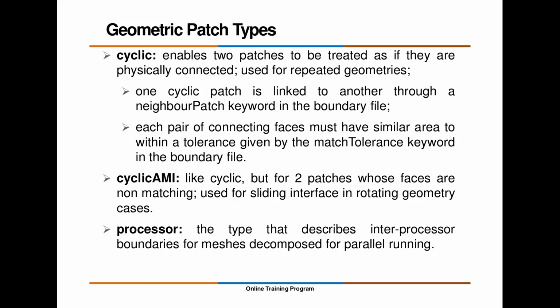But when we are doing it that way, that means inlet and outlet are now cyclic. What it means is that whatever flow is going out immediately enters the next portion of the 1 meter pipe through the inlet. So whatever goes out, immediately enters through the inlet. Like that, outlet to inlet, we have a complete map. So for that purpose we require the neighbourPatch keyword in the boundary file.